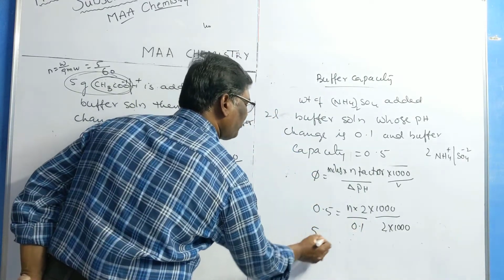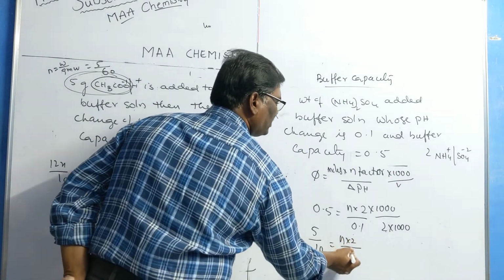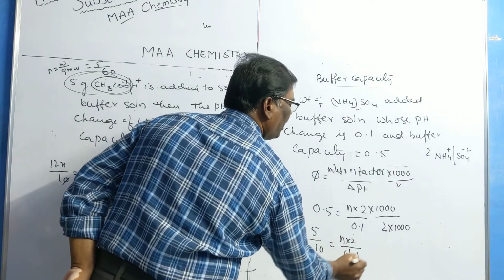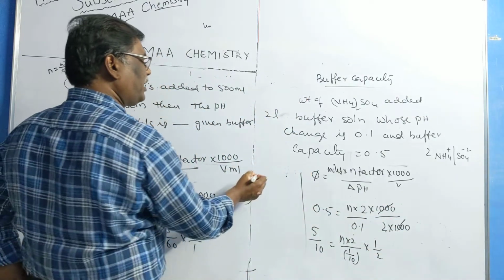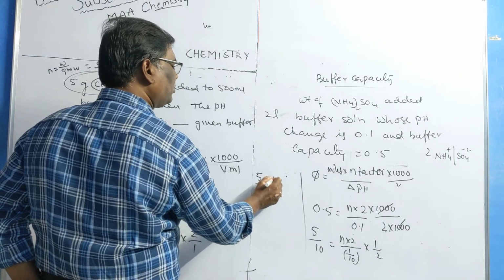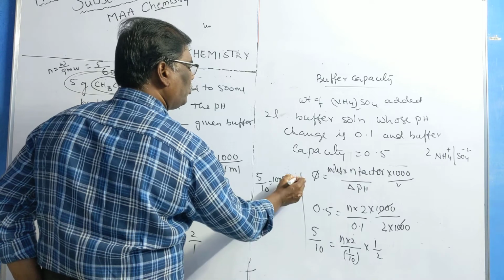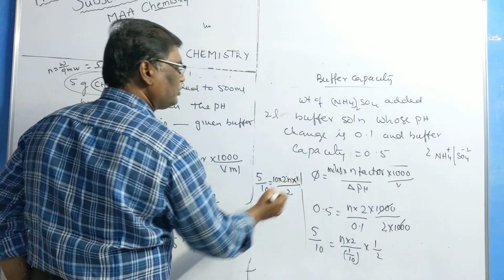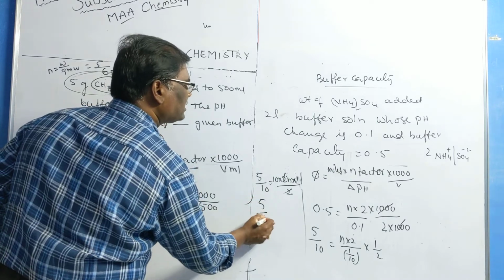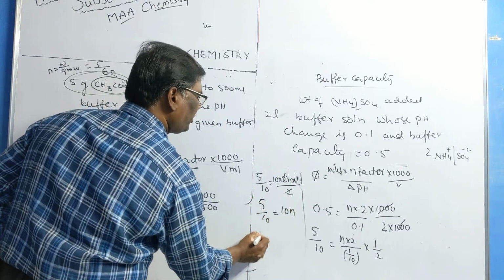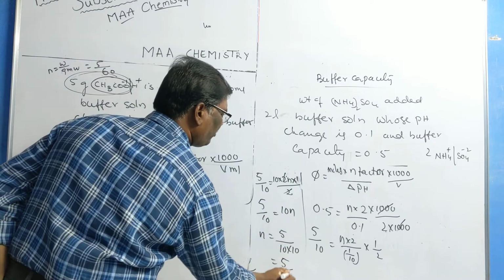On cancellation we get 5 by 10 is equal to 10n. So n is equal to 5 by 100.